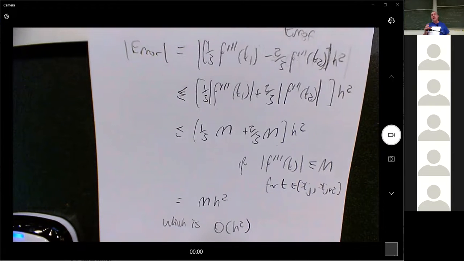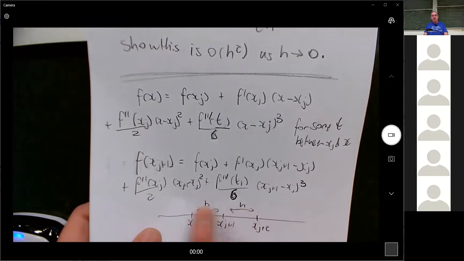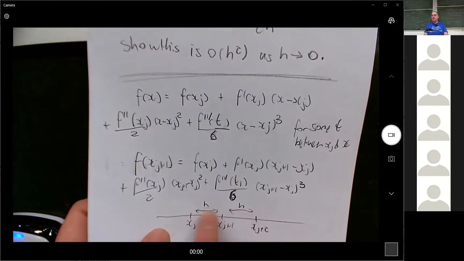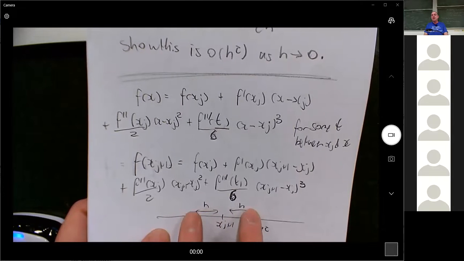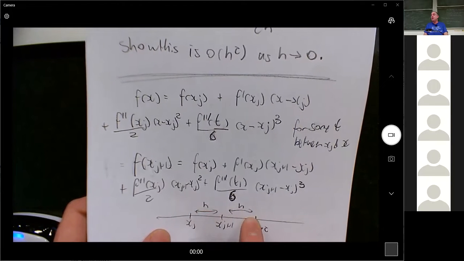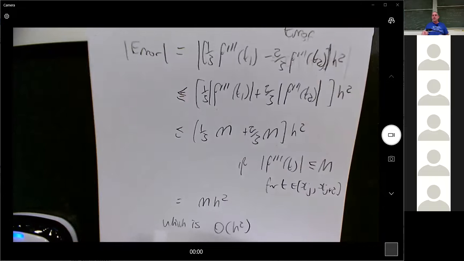And so I'm going to declare that the t1's are in this zone and the t2's are in this zone, and so the two of them together are in this zone. And so if I say that whatever the third derivative is, it has a maximum everywhere in this zone, then both of those third derivatives will be less than whatever that maximum is.